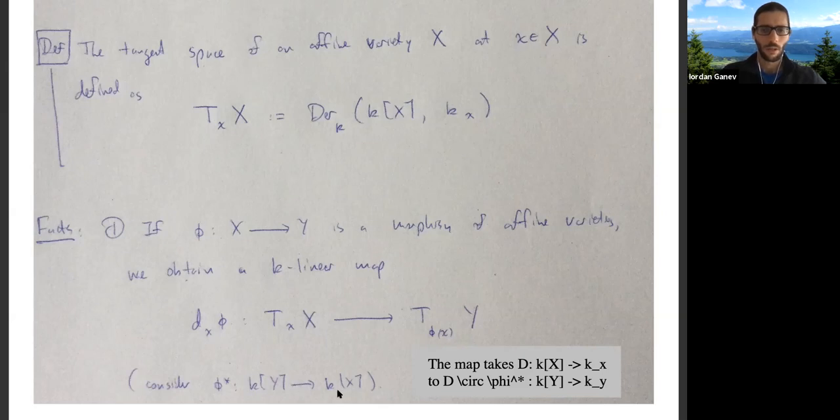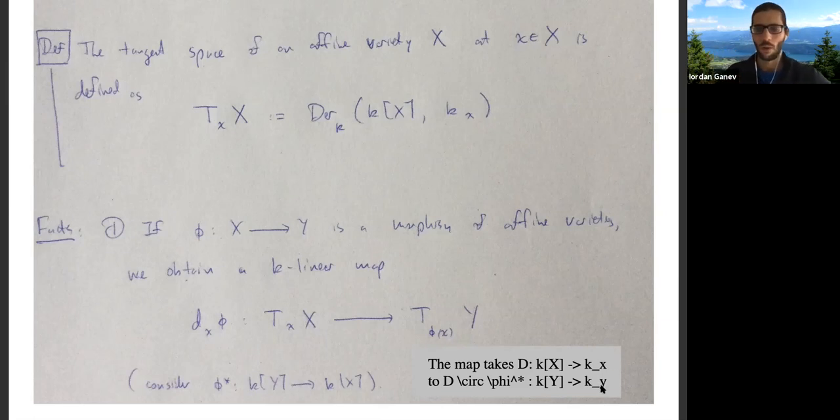And then we have the pullback map that goes from k[y] to k[x]. So if we have a derivation, then we can just pull it back and we get a derivation from k[y] to k_little x. But if you think about it, k_little x as a k[y]-module is the same as k_phi(little x), if that makes sense.